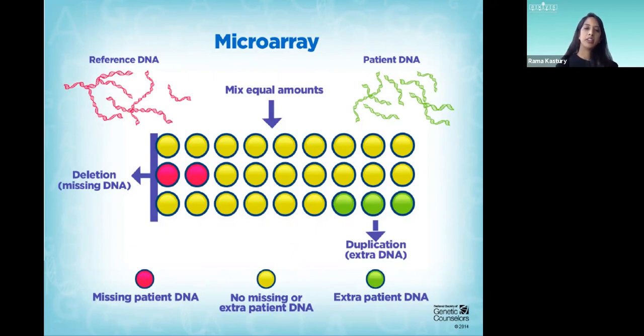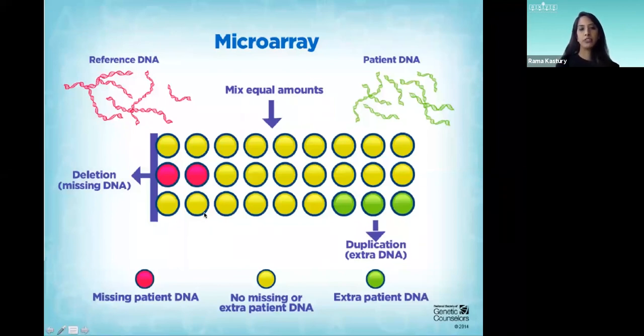It's not going to detect a balanced translocation, where if there's a chromosome that's flipped and 2 are switched, and there's still an equal amount of total DNA, it's not going to see that switch if it's balanced.